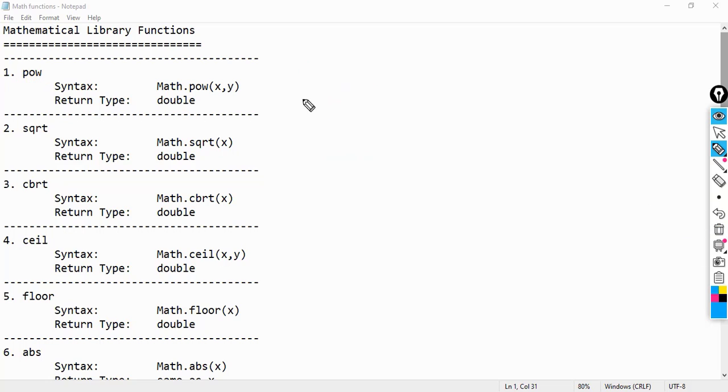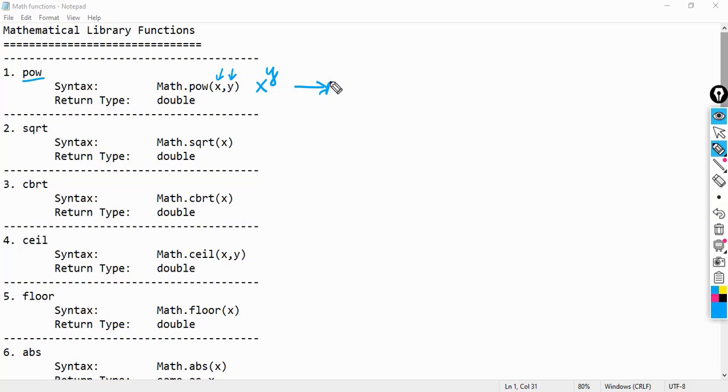So, the first function is the POW function. It takes two arguments and returns the value of the first argument raised to the power of the second argument. In other words, if the arguments are x and y, it returns x power y.